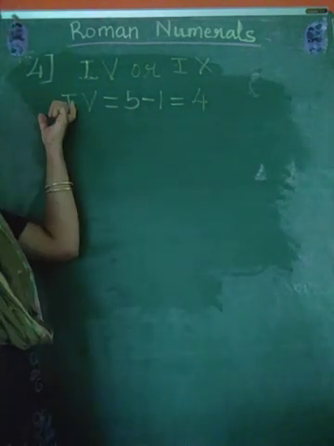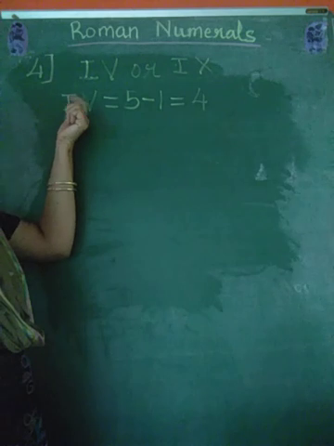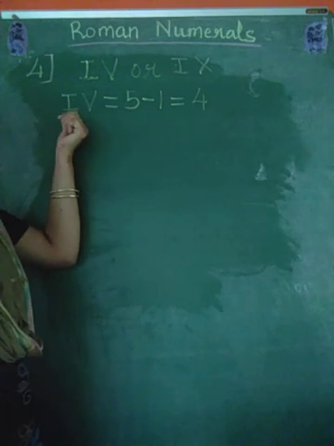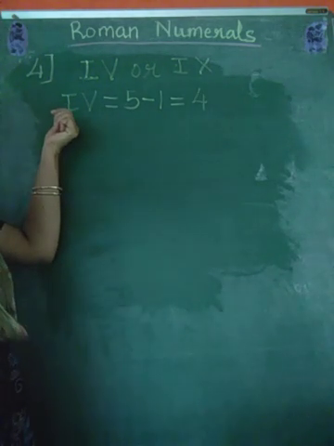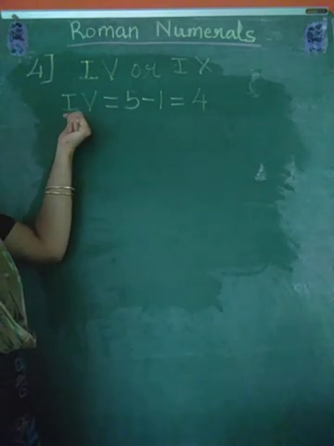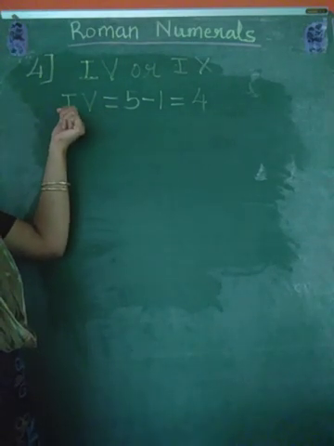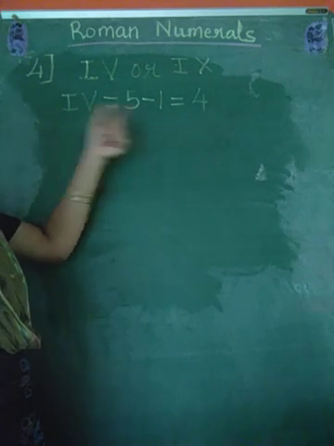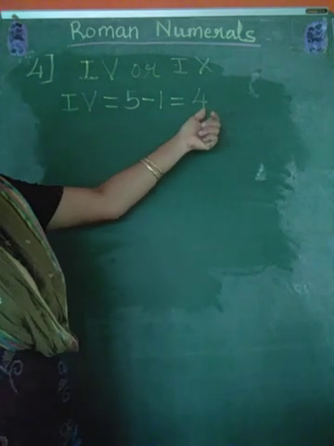And you must be already knowing this because you have just passed your 4th standard wherein you were writing IV. So now you know why you were writing IV, because its value is 4.